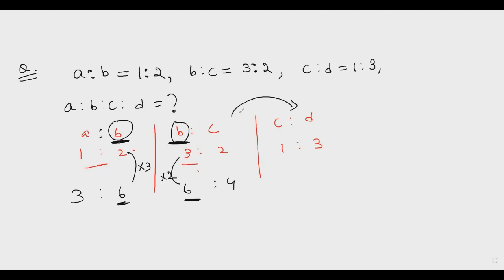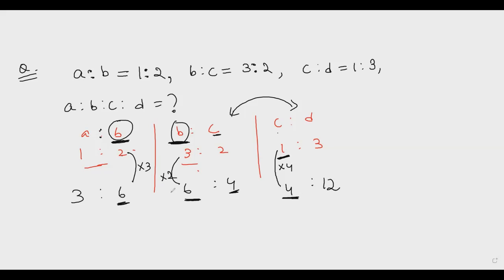Now move to this one. What is the value of C here? The value of C here is 4. The value of C here is 1. We need to make the value of 1 as 4. So what we have to do? We have to multiply by 4. So this will become 12.